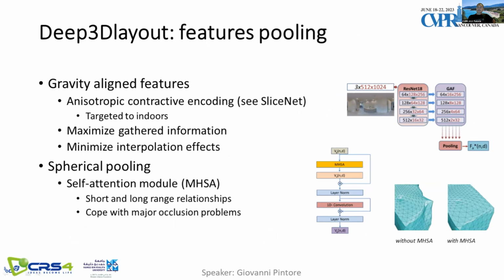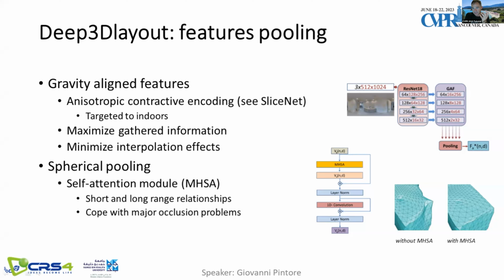This approach starts from the assumption that in the indoor space, as in the previous work mentioned before, vertical and horizontal features have different characteristics along and across the gravity direction. In order to support an efficient pooling of the image features, we perform an isotropic contractive encoding, preserving the horizontal dimension, which we expect contains more information in some way.